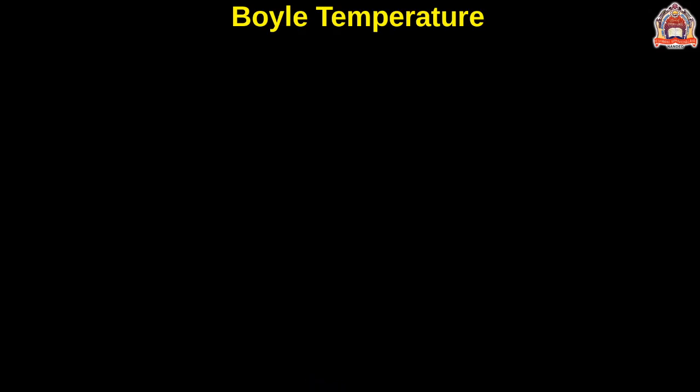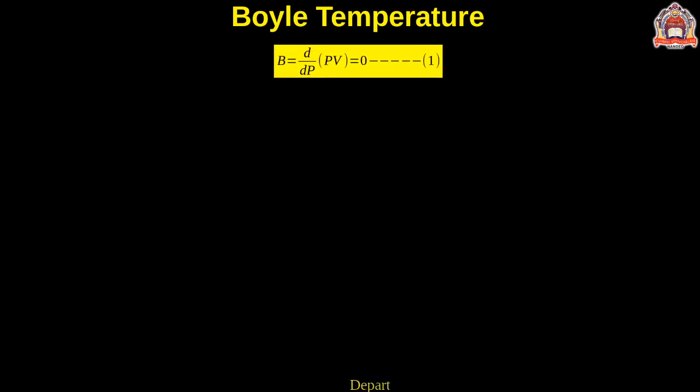Thus at the Boyle temperature, B is equal to d by dP of PV, which is equal to 0.